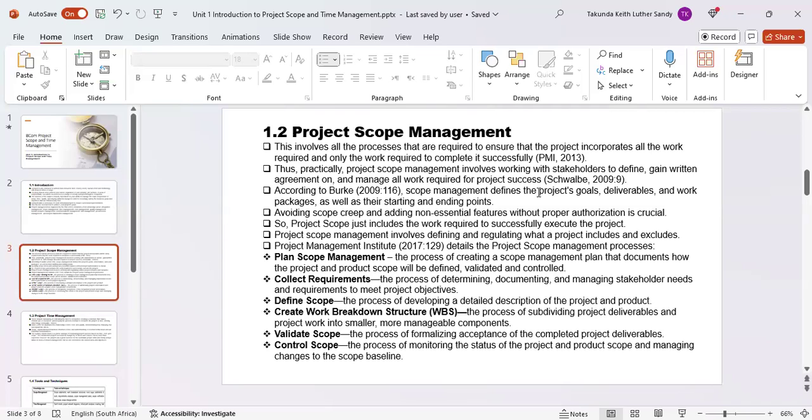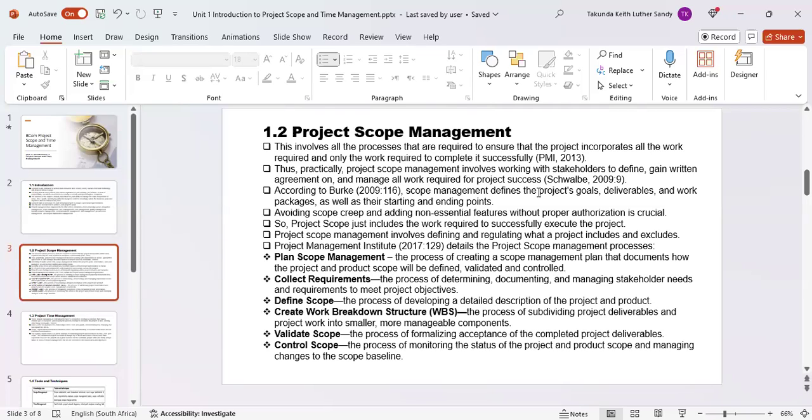What does that mean? We are saying that scope is every work activity that you do to come up with a desired product or service at the end of your project. So, in a nutshell, you can look at scope and replace it with work. Whenever you hear the word scope, just know that you are talking about work.